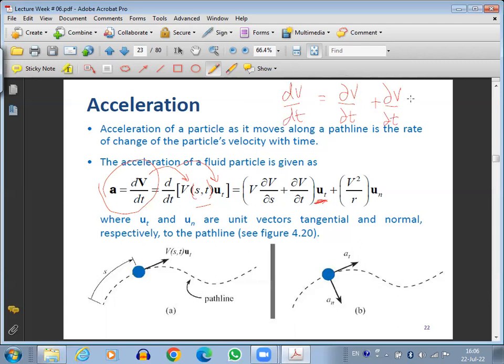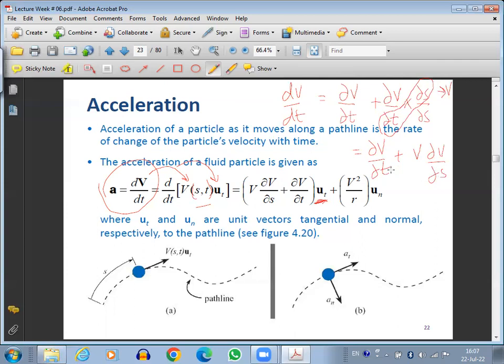What I can do is multiply this thing by ∂s/∂s. It's not going to change anything. But then I can write ∂s/∂t as velocity v, right? So it could be written as ∂v/∂t plus velocity into ∂v/∂s.